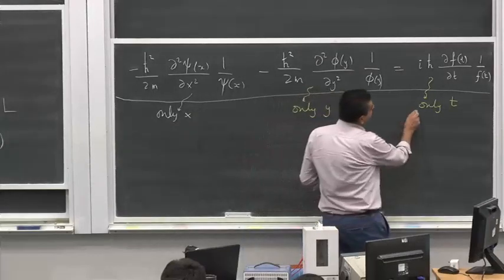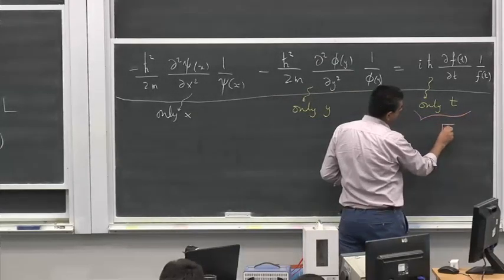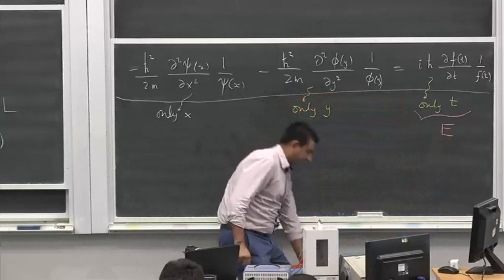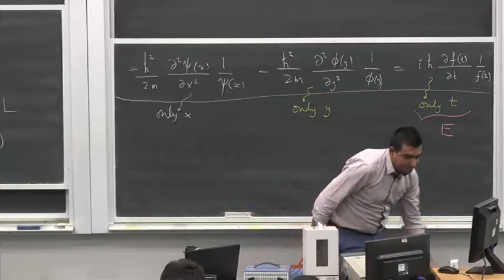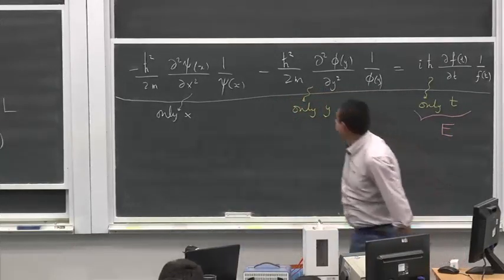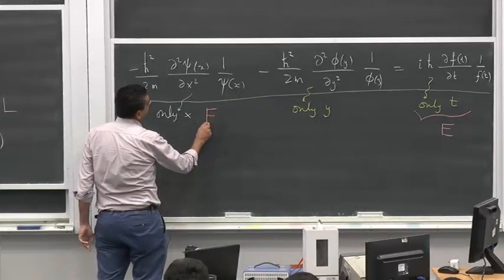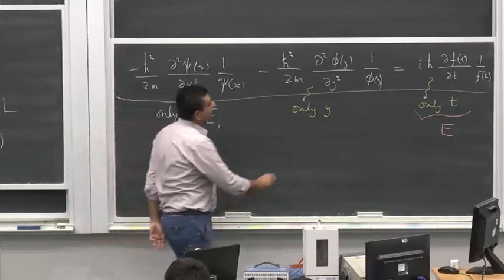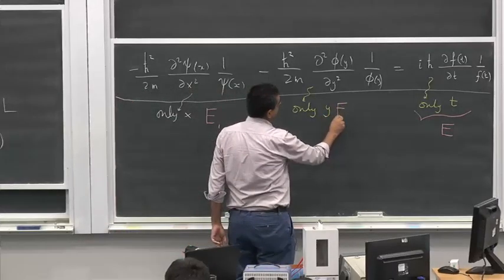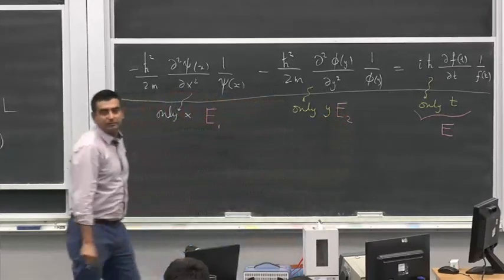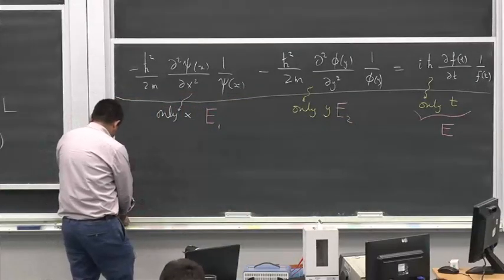Let's call this constant E. Let's call this constant E1. Let's call this constant E2. Now I have the relationship.